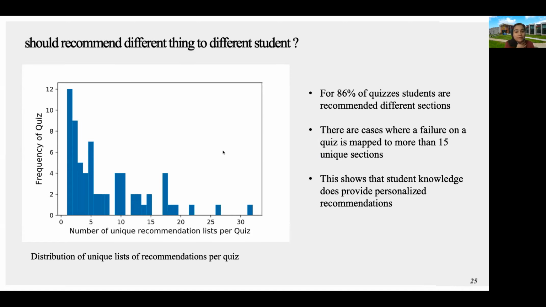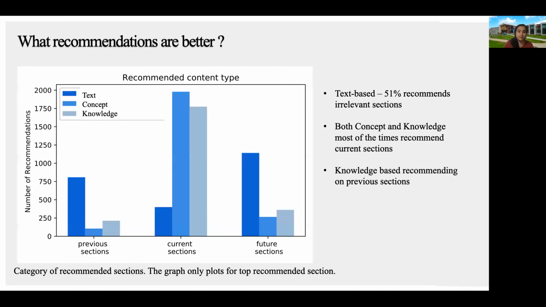We noticed that more than 86% of quizzes had different recommendations for different students. In fact, there were cases where failure on a particular quiz is mapped to 15 unique sections for different students. This shows that student knowledge does provide personalized recommendation.